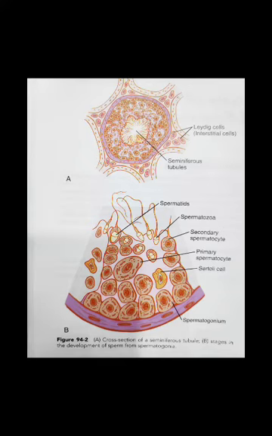So these Leydig cells secrete testosterone, and seminiferous tubules cause production of sperms. So production of sperms and production of testosterone, it all occurs within what? Within the male gonad, that is the testis.